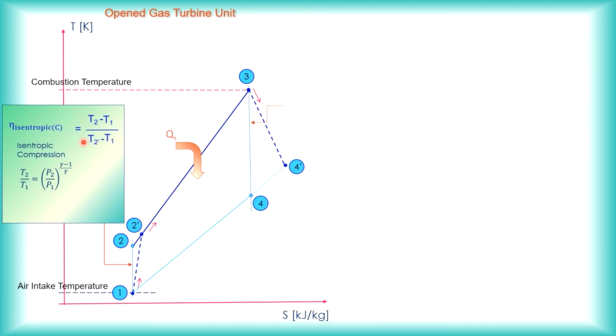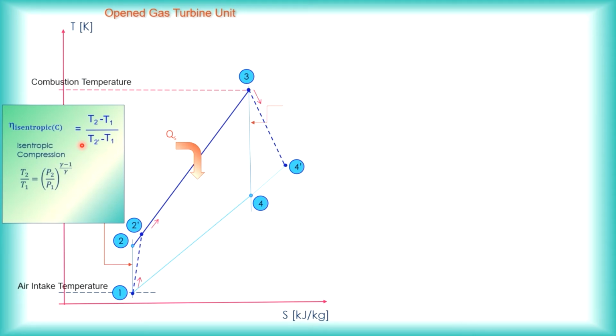Since the numerator and the denominator have the common CPA, you don't see CPA written in the formula. It is directly written in terms of temperature only, where the CPA is neglected.